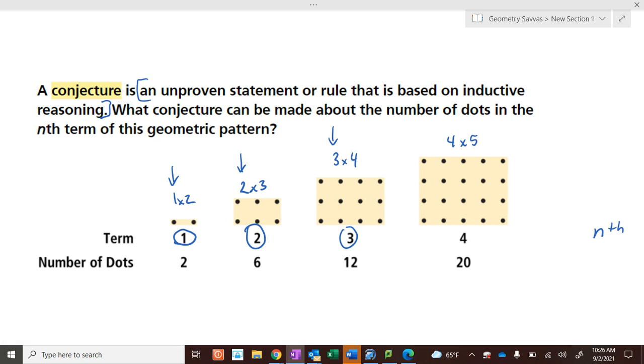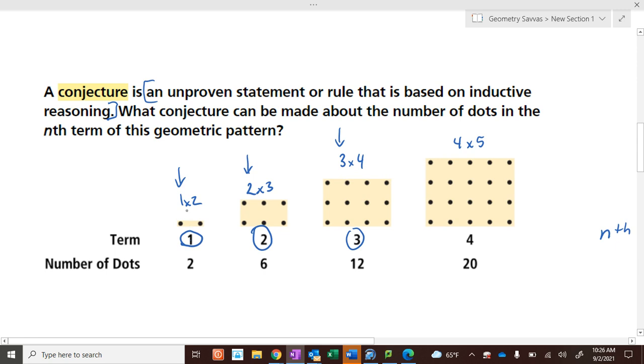How many rows will the nth figure have? If the first one has 1, and the second one has 2, and the third one has 3, and the fourth one has 4, how many rows will the nth one have? N rows.